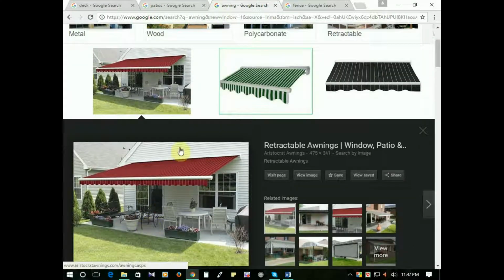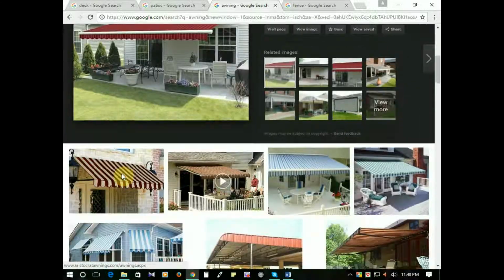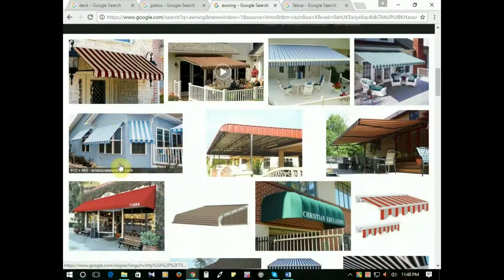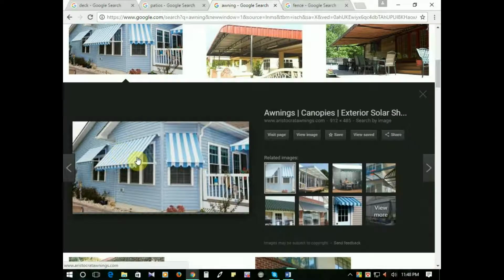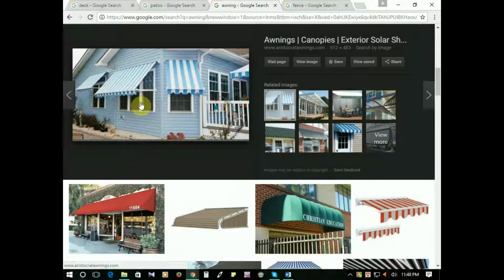This is what an awning is. It's like an extended part of the roof, which can be made of fabric or vinyl. Except for patios, windows can also sometimes have awnings installed on them, and as you can clearly see in this picture.